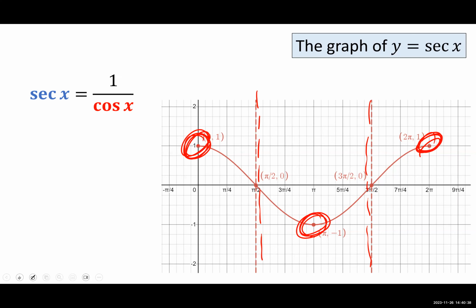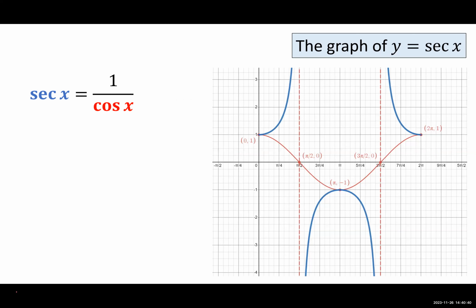And so we can do the same thing. Now it's a little bit less intuitively straightforward with the secant function because one of those pieces is split in half.